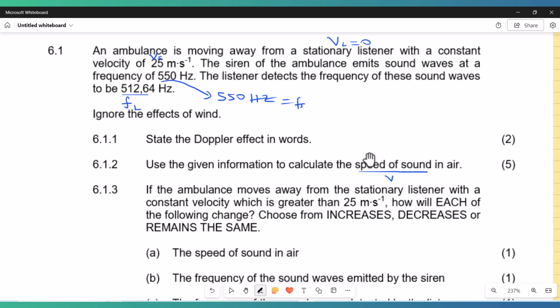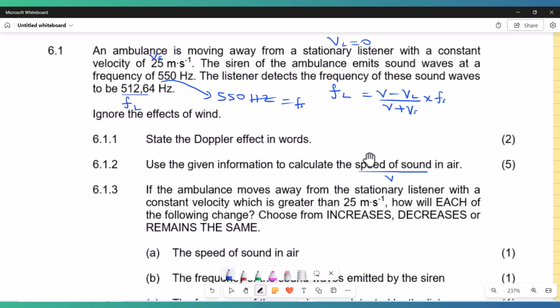Because the sound source is moving away, this formula says that F listener equals V minus V listener, divided by V plus V source, then times F source. In this particular case, let us substitute.